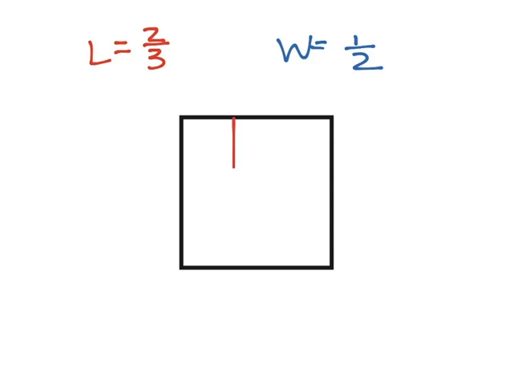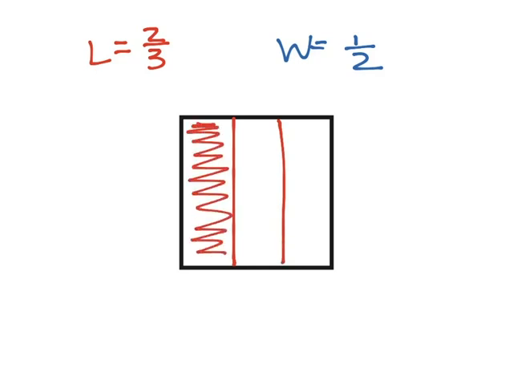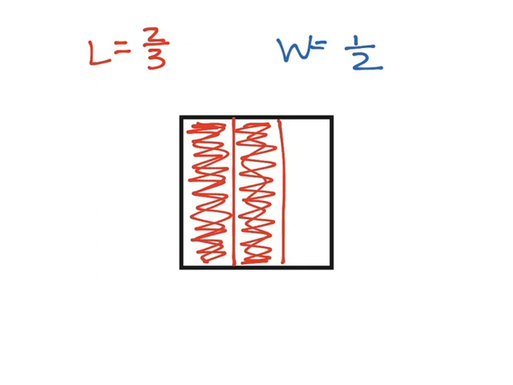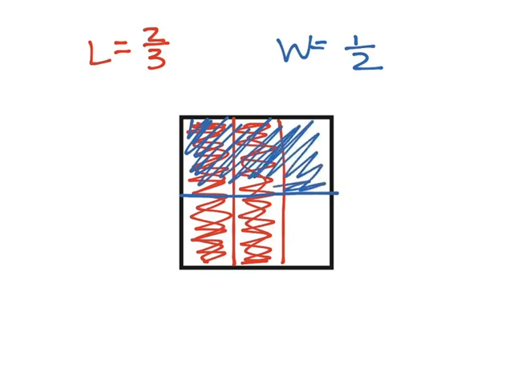So we're going to divide the whole in thirds, and we're going to show that 2/3 of the whole rectangle is the length. Next, we're going to show the width of the rectangle, which is 1/2. So we're going to color in this section right here to show the 1/2 of the rectangle.